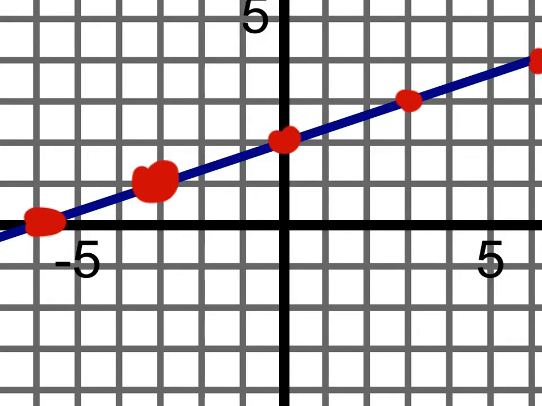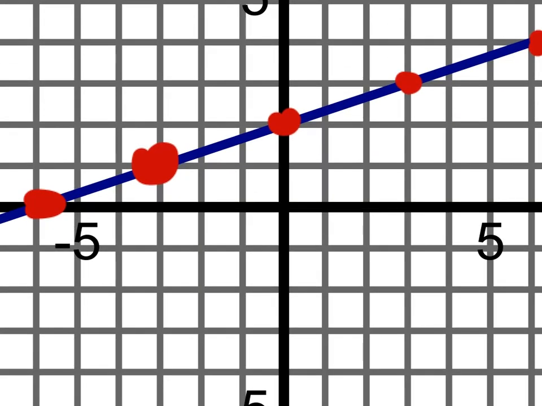So you can choose any 2 points, but I'm going to use these 2 points right here. And we can see that between these 2 points, I went up 1, and then I went to the right 3. That gives me a slope of 1/3. The other thing they wanted, right, was the y-intercept, which is this point right here.